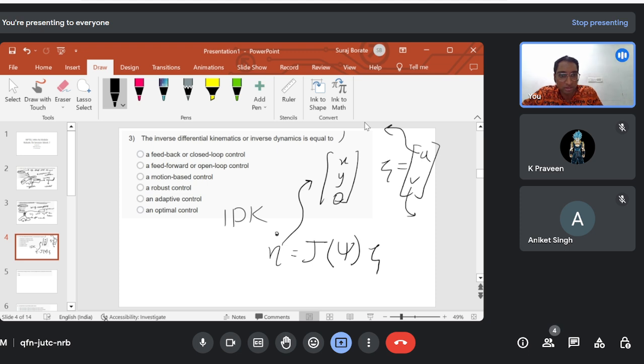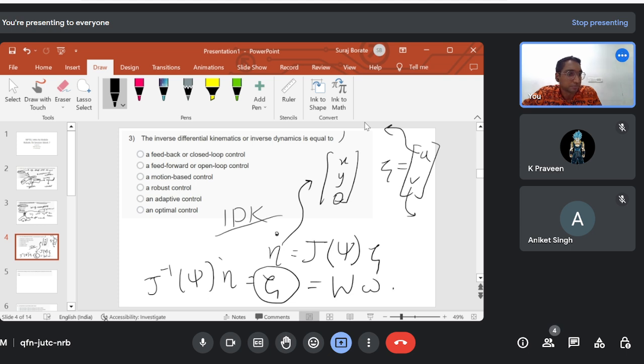So this is forward differential kinematics. So inverse differential kinematics was the dot zeta. And how was zeta related to the wheel input? It was related like this, right? So this was the wheel configuration matrix, and this was the actual wheel angular velocities.